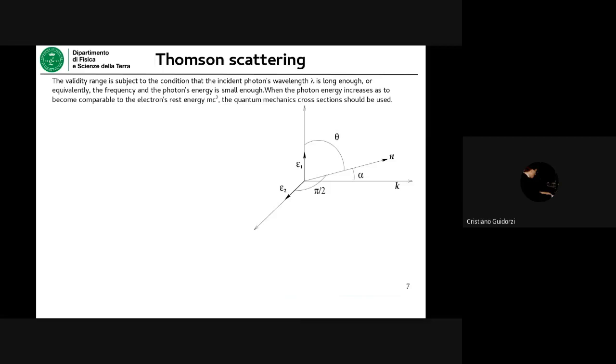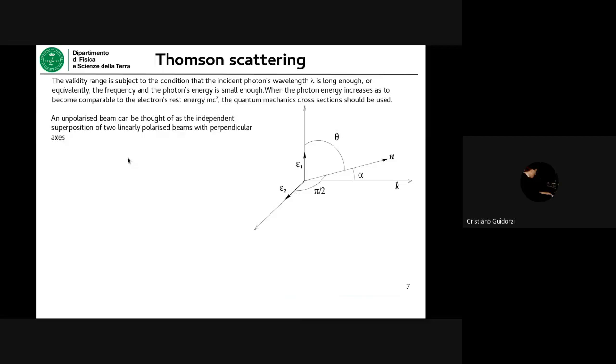So, for example, you see in this drawing, you can consider a generic unpolarized wave as the sum of two independent fields, one oscillating along epsilon 1 and the other oscillating along epsilon 2 in an independent way.